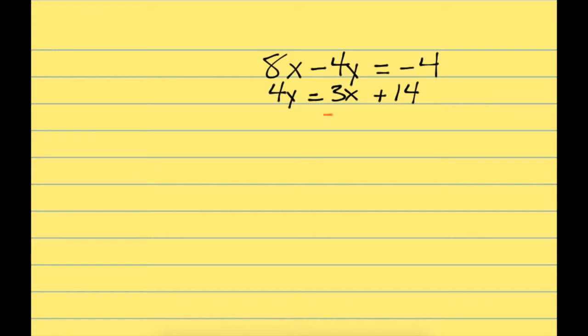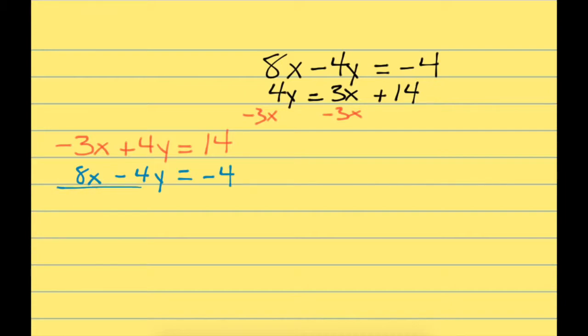So I'm going to move this 3x over to the other side by subtracting it because it's a positive 3x. So now I'll have negative 3x plus 4y equaling 14. And I'm going to rewrite my original equation so I can see them better when I go to add them.